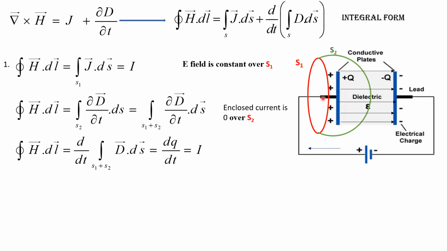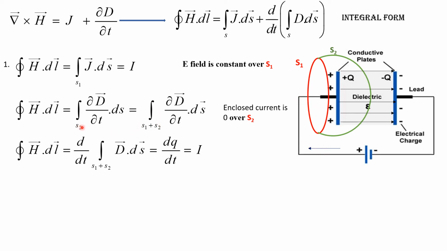Now we will move to the second surface S2. What do we write for surface S2? It is not enclosing this line, so it is not enclosing the current I flowing in the circuit. So the first term will be 0, and the second term we get is the surface integral over S2 of the time rate of change of electric displacement, ∂D/∂t · dS, because the enclosed current is 0.